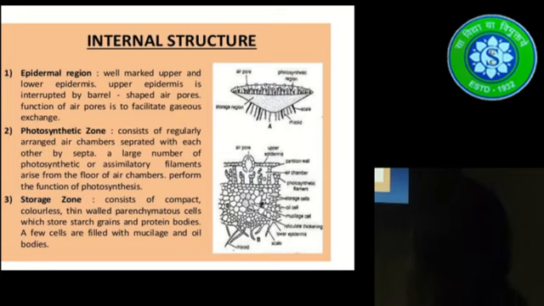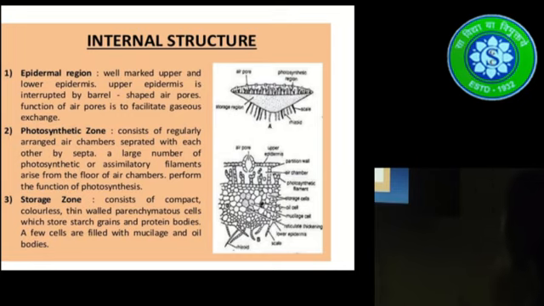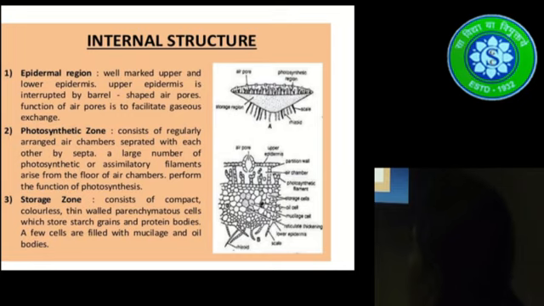In the next photographs, there are the enlarged view and the diagrammatic representation of the TS of the thallus. Here, the epidermis is interrupted by air pores, and below the air pores there are chambers with photosynthetic filaments. Next to the photosynthetic filaments, there is a storage zone.